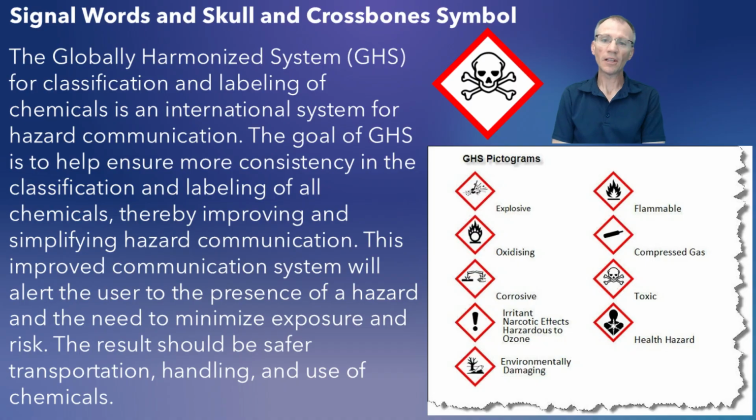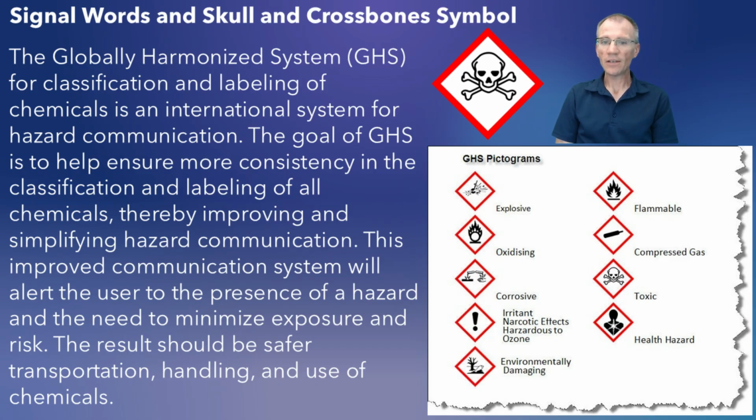There's going to be a lot to learn in this chapter, as you can see just by looking at this first slide. But let's start with signal words and the skull and crossbones symbol. The Globally Harmonized System, GHS, for classification and labeling of chemicals is an international system for hazard communication.